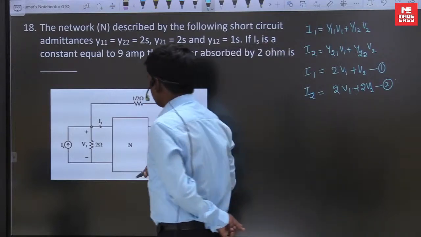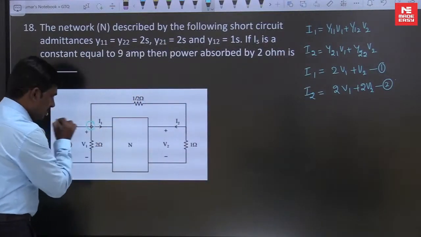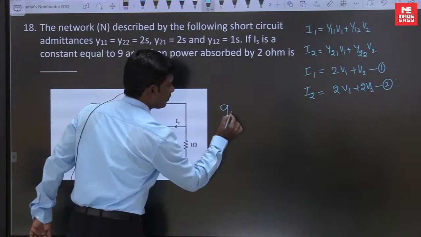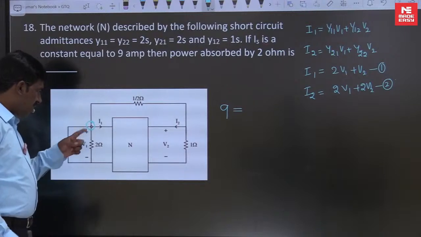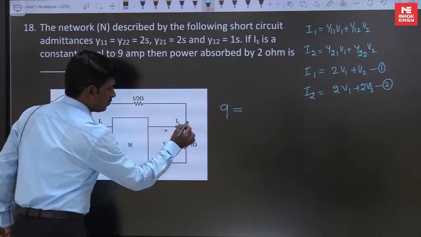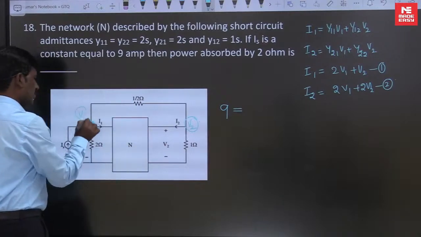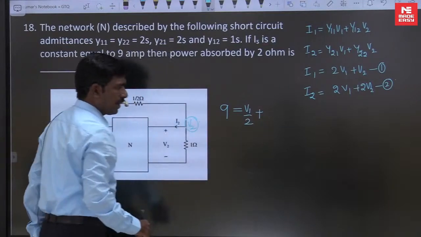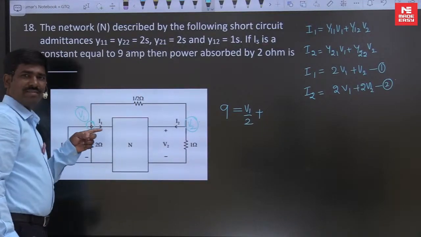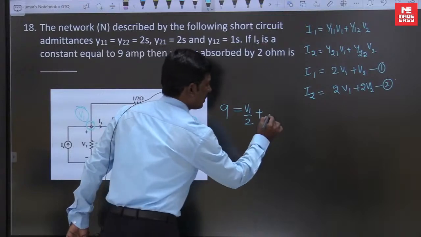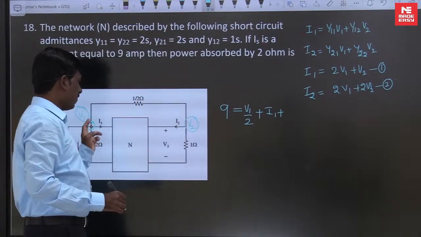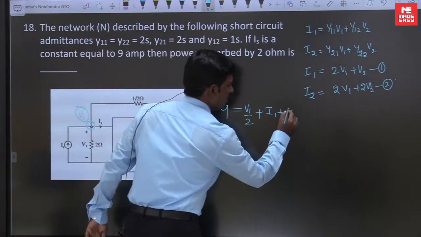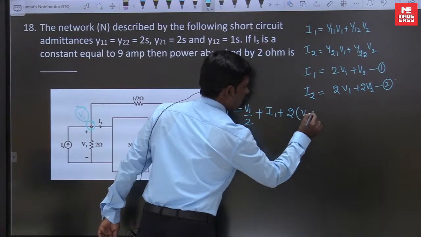Just apply nodal analysis now. IS is the incoming current, that is 9 ampere incoming. Outgoing currents are V1 by 2 plus I1. Replace I1 with V1 minus V2 by 1 by 2, which is 2 into V1 minus V2.